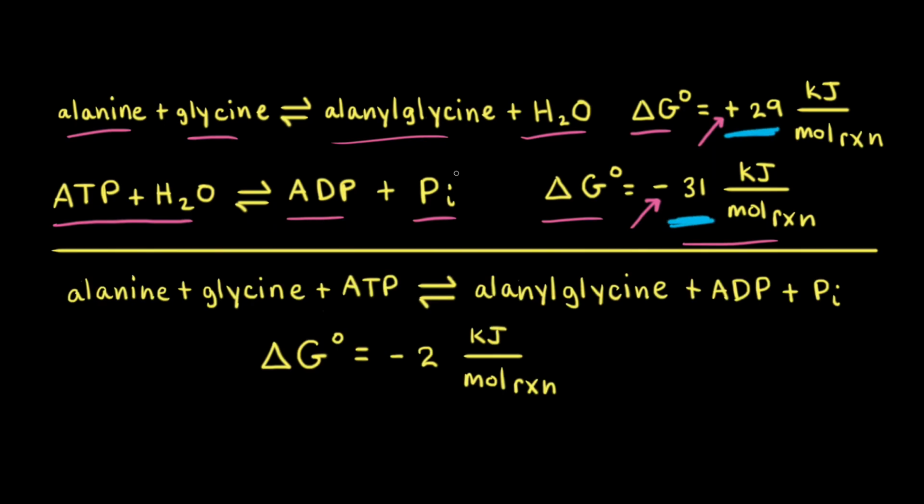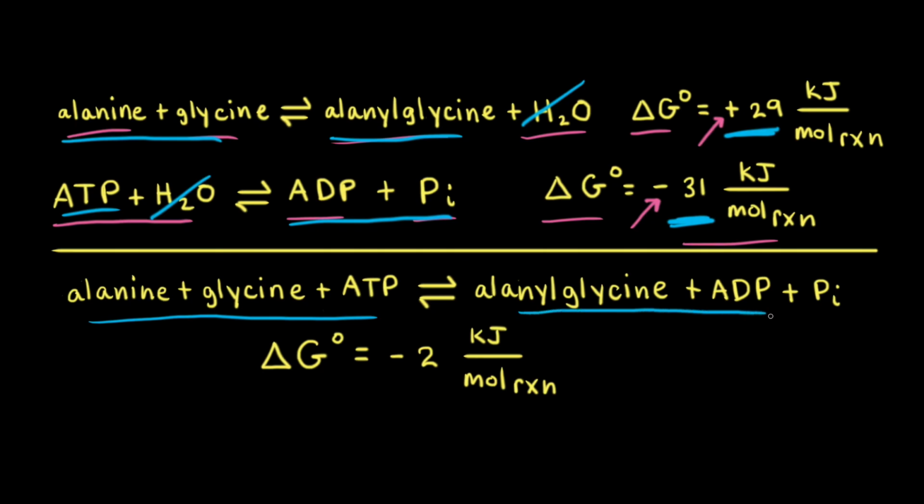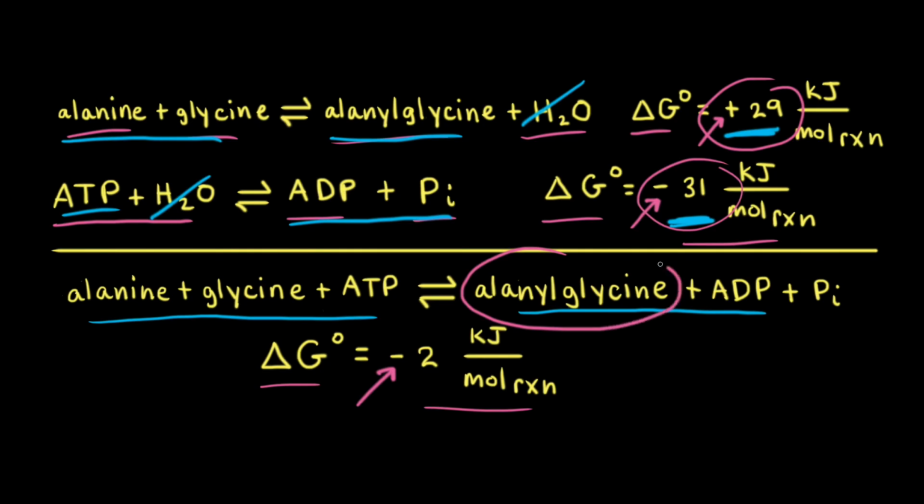And if we add the two reactions together, water would cancel out and give us alanine plus glycine plus ATP for the reactants, and alanyl glycine and ADP and inorganic phosphate for the products. Adding the two values of delta G naught together, we get delta G naught is equal to negative 2 kilojoules per mole of reaction. And since delta G naught is negative, it's now favorable for the body to synthesize this dipeptide.